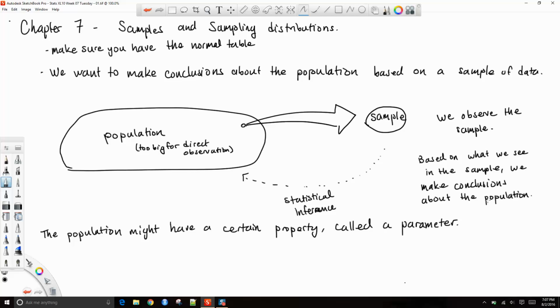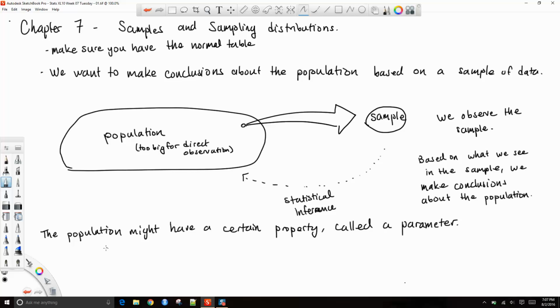So, for example, if we were talking about a categorical variable, it could be something like what proportion of the population has dark hair, okay?